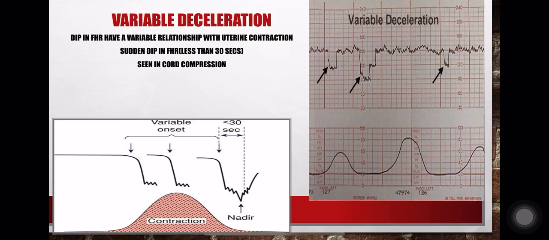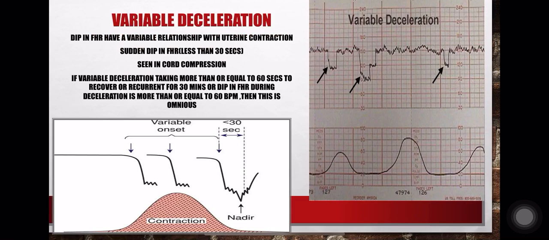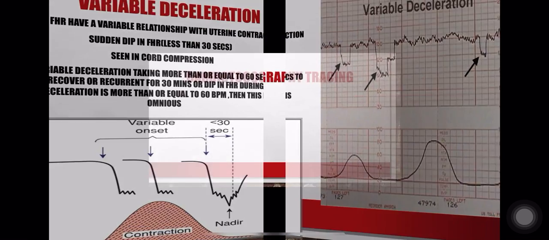This is seen in case of cord compression. If variable deceleration takes more than or equal to 60 seconds to recover, or is recurrent for 30 minutes, or the dip in fetal heart rate during deceleration is more than or equal to 60 beats per minute, then the variable deceleration becomes ominous. Otherwise, it's nothing to worry about.